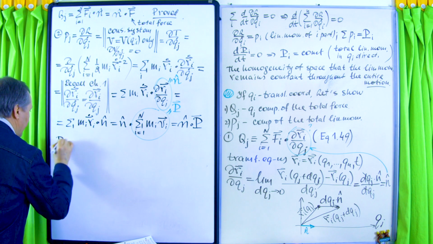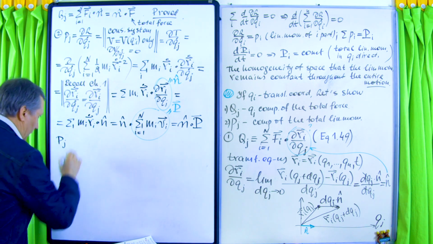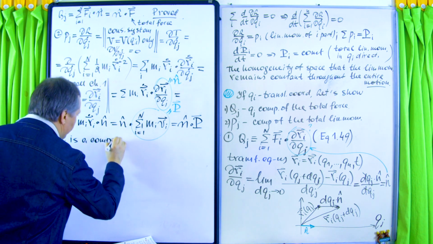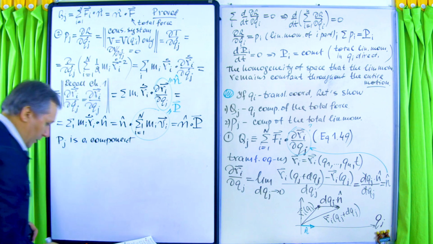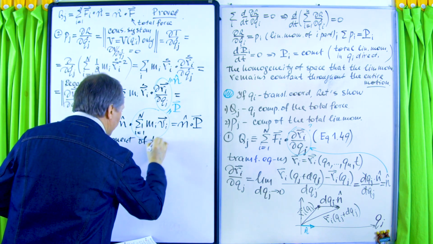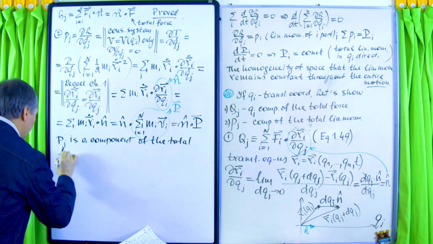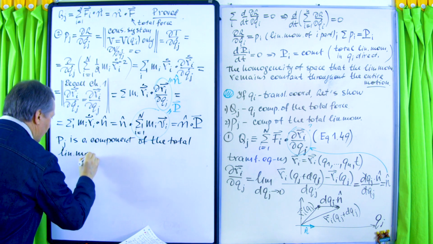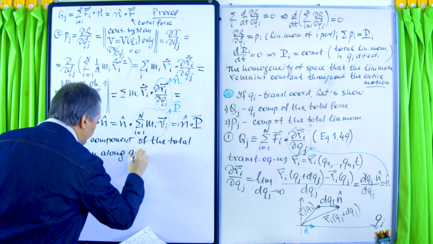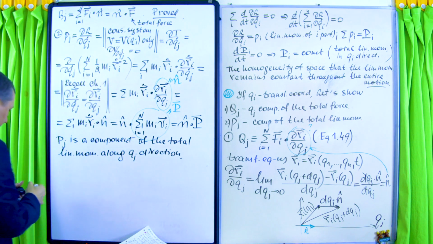So P_j, the small one, is a component of the total linear momentum, of course along the q_j direction.